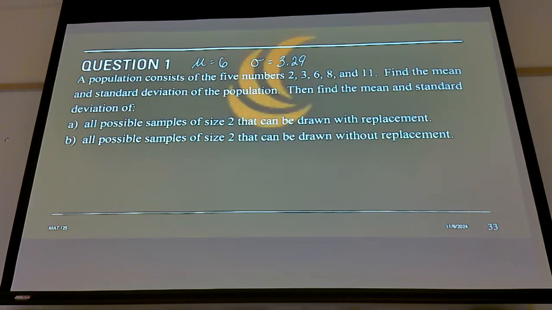So if it's with replacement, sample size 2, how many means are we going to have? It's going to be 25 of them.